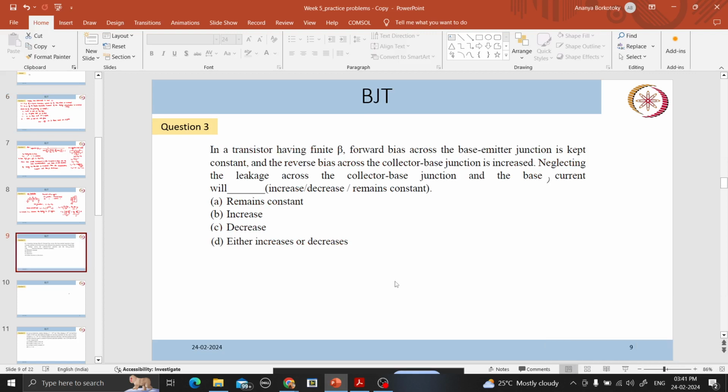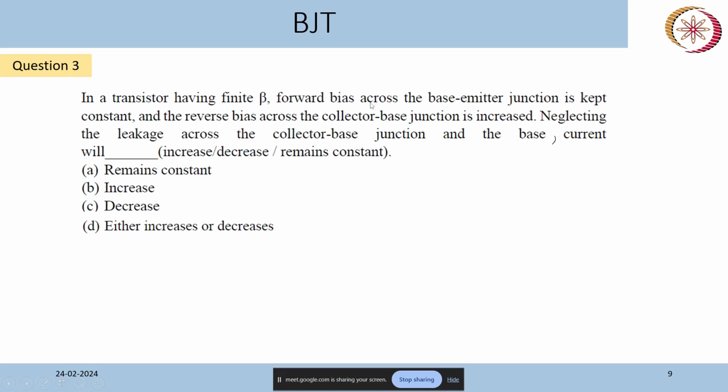Okay, let's go through the third question. In a transistor having finite beta, the forward bias across the base emitter junction is kept constant, so VBE is constant, and the reverse bias across the collector base junction is increased.